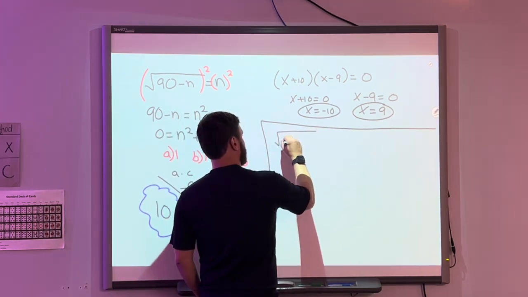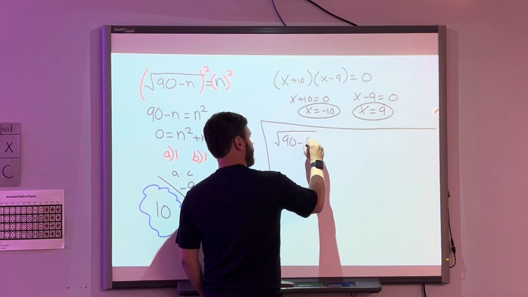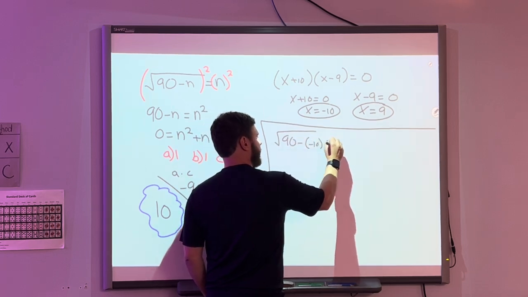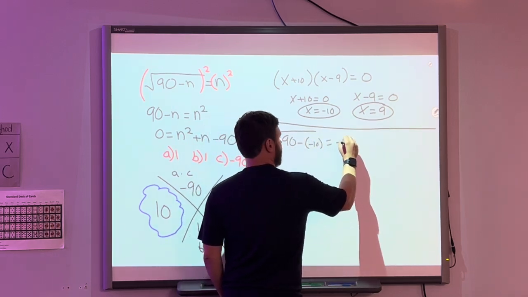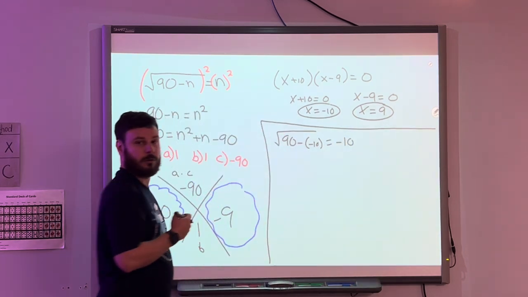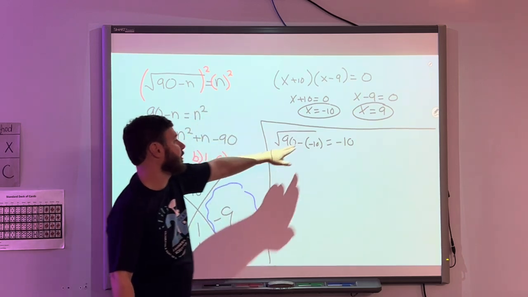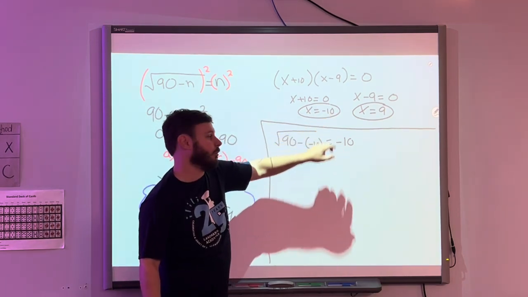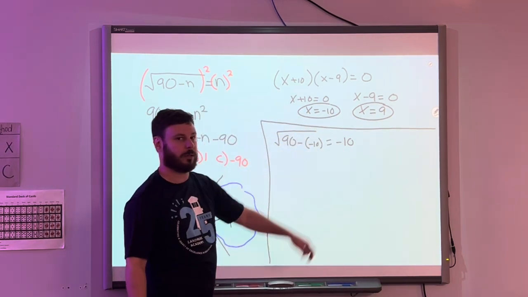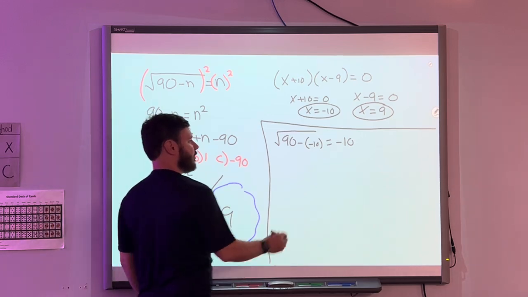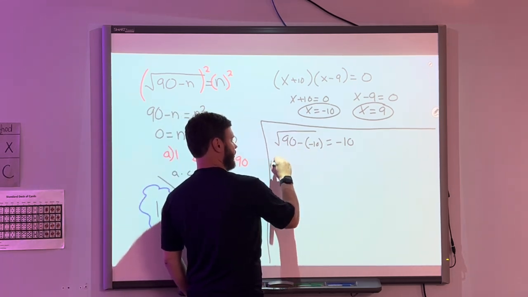Square root of 90 minus negative 10, does that equal negative 10? The problem already had a minus, and this time it had a negative 10, so I have to remember that both negatives are there. We subtract the negative, it turns positive, so this is 90 plus 10.